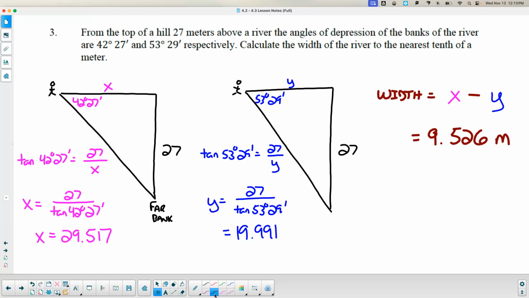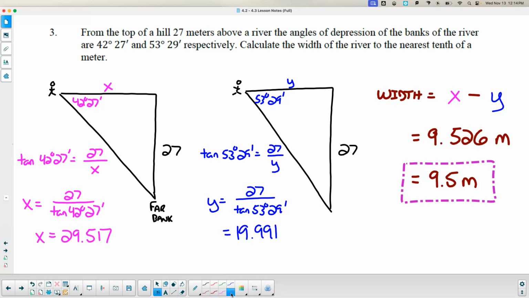To the nearest tenth? Okay, so that would be 9.5. Okay?